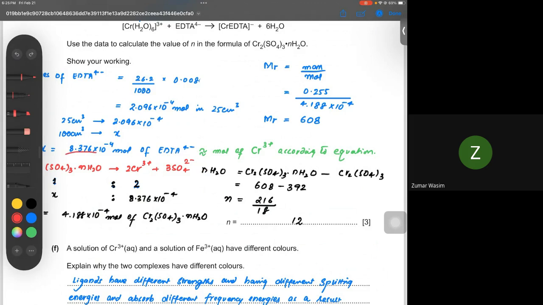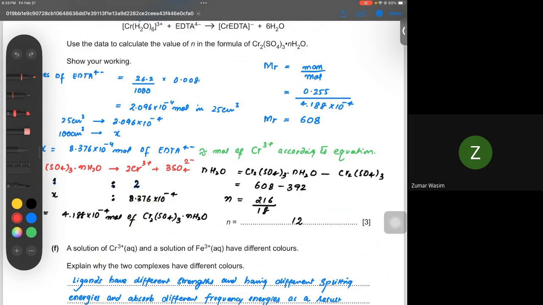So since the mole ratio is 1:2, from the moles of chromium 3+ ions I can find the number of moles of the whole thing, in which you can see there is an H2O.